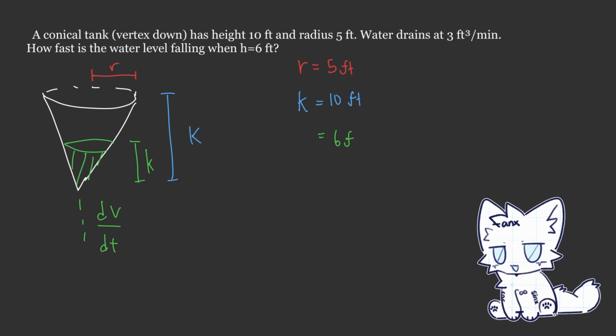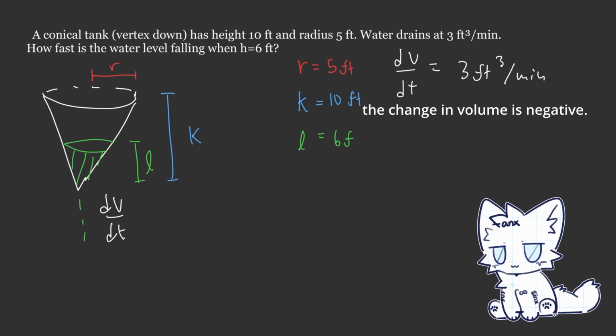What if I use another unit measurement to make it easier? Length, or L. And we have the change in volume. Let's make it white. The change in volume in respect to time is 3 feet cubed per minute.